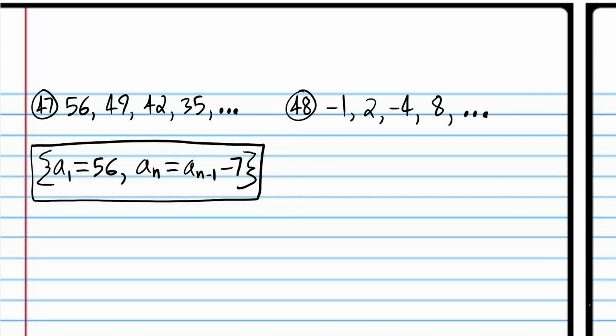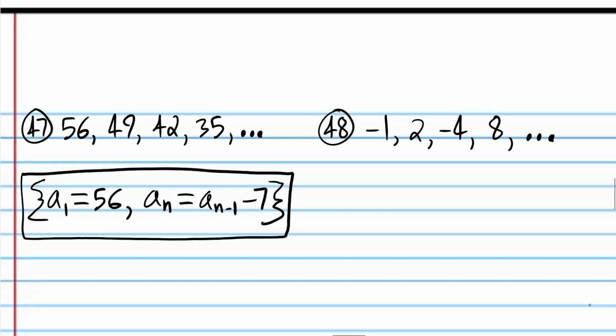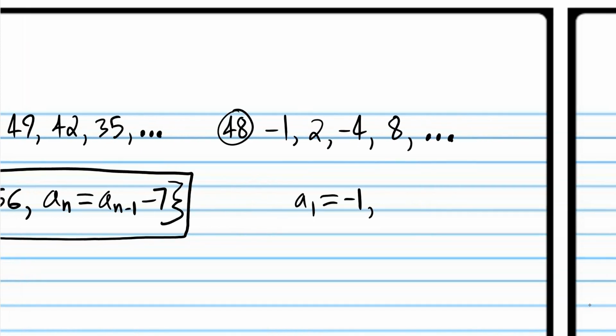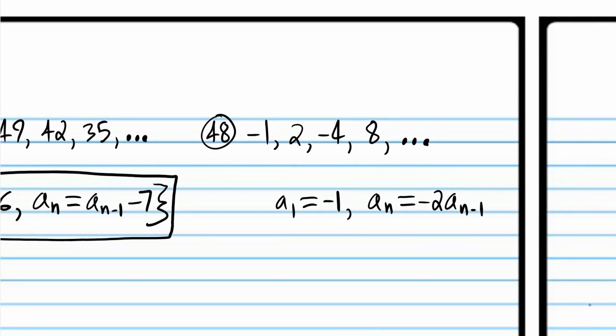All right, we're back. The first term is -1, and any term in the sequence can be found by taking the previous term and multiplying by -2. So if you got that right, excellent.